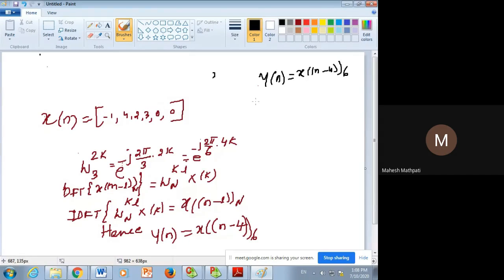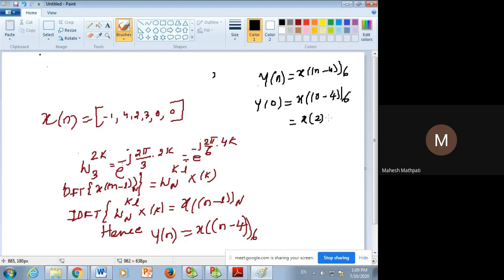So let us calculate first y of 0, which will be equals to x of modulo 0 minus 4, 6, which will be equals to, what is the value? X of 2.